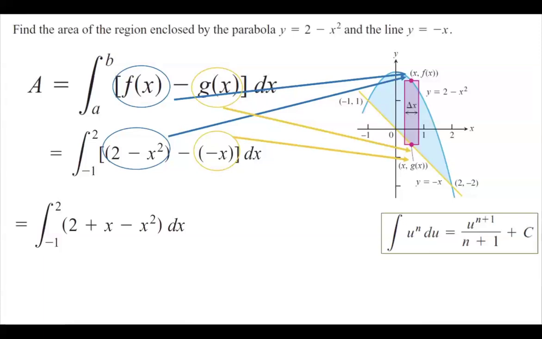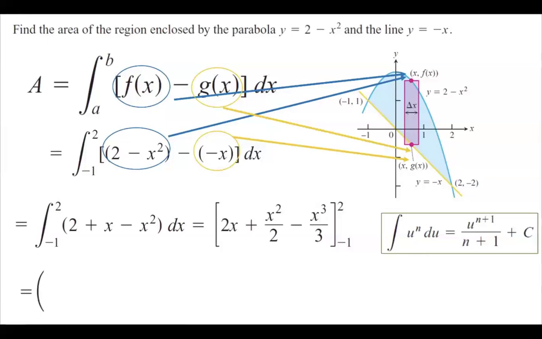So one by one, we're going to calculate this integral. This is equal to 2x, the integral of 2 dx is 2x, plus the integral of x is x squared divided by 2, and the integral of x squared is x cubed divided by 3, and x ranges from -1 to 2.